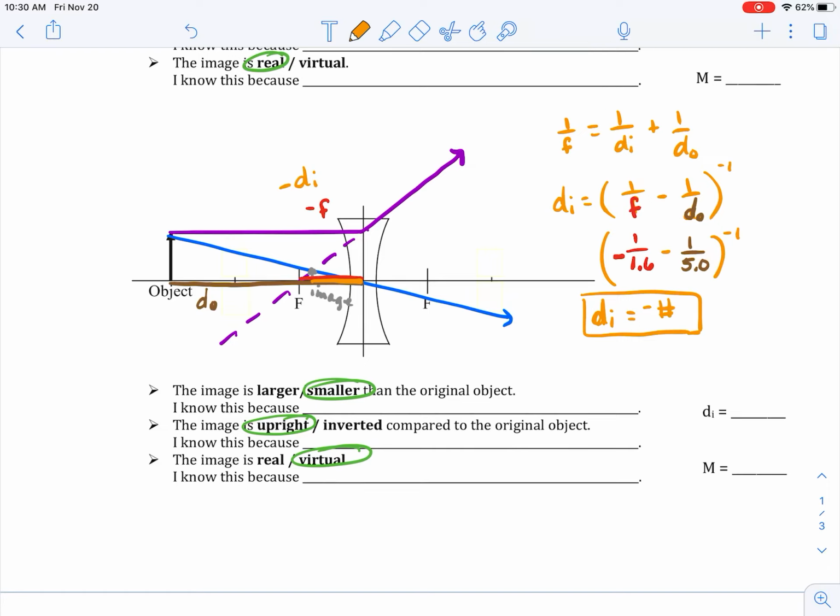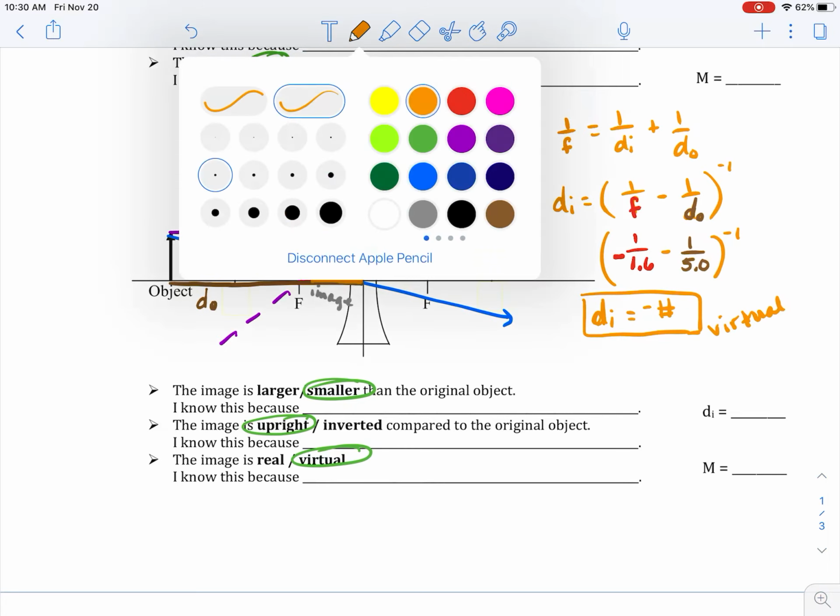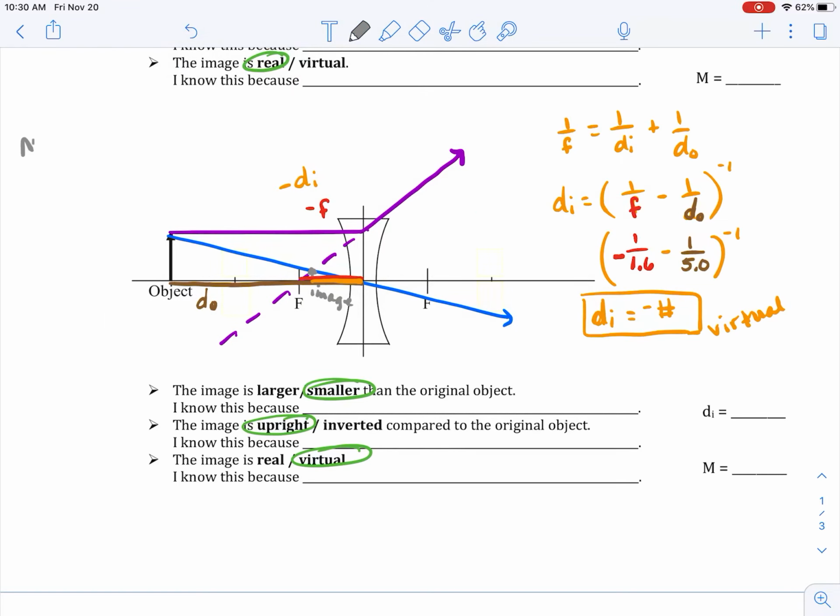So my picture does match the fact that my DI should come out to be some negative number. When we look at the interpretation of positive and negative DI, negative DIs are going to be virtual, and we did indeed create a virtual image on our ray diagram.